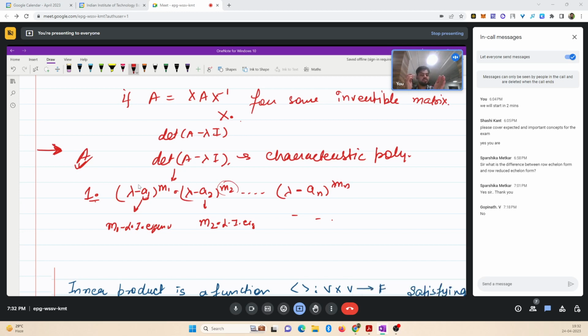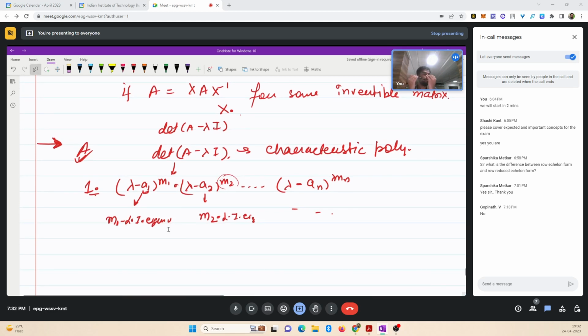In that situation, you call your matrix A diagonalizable. Or in other words, I would give you a simpler definition. A diagonalizable matrix is one where you have a basis in which all your vectors are eigenvectors.